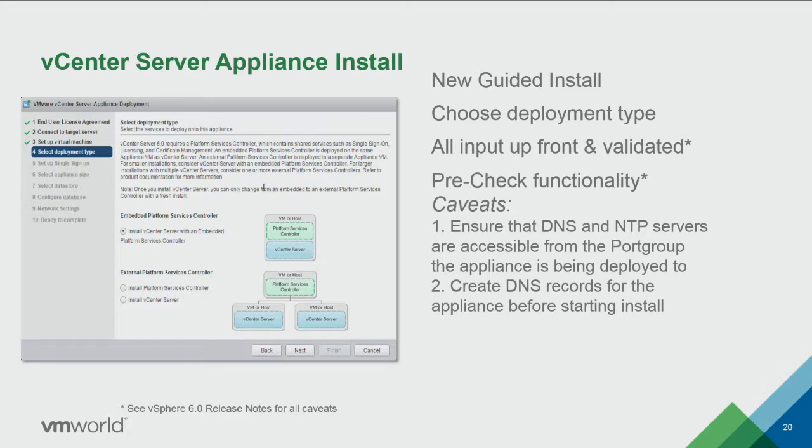For the appliance install to work, there's a gotcha in the sense that you have to make sure your DNS is configured correctly. You want to make sure that the name, the host, everything is already in DNS before you even start your install, because it's going to check. A lot of times in the past, you could have used IP addresses to install. It's no longer the case, right? So you need to make sure that you create your DNS records for your appliance even before you start your install.